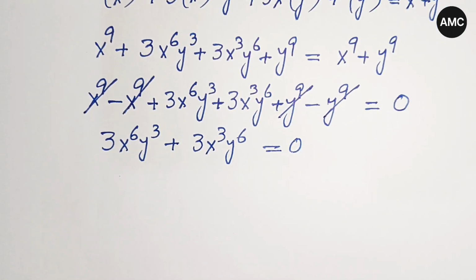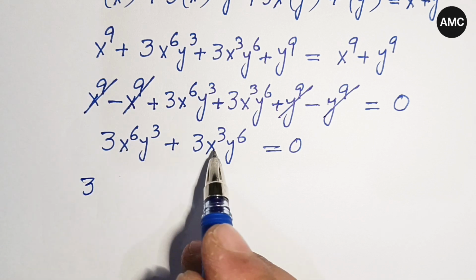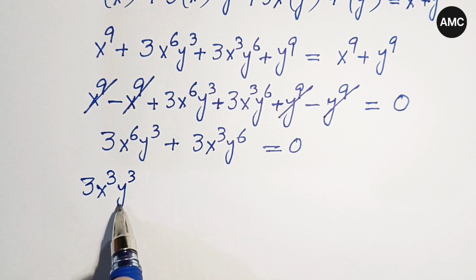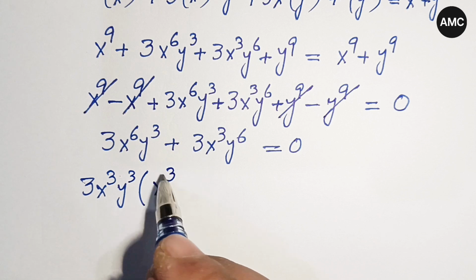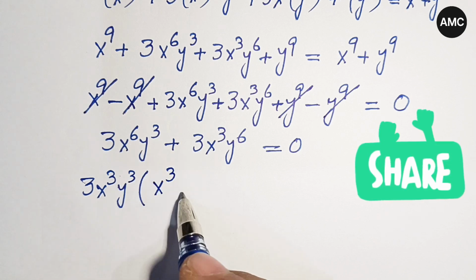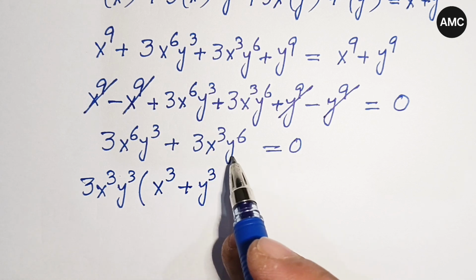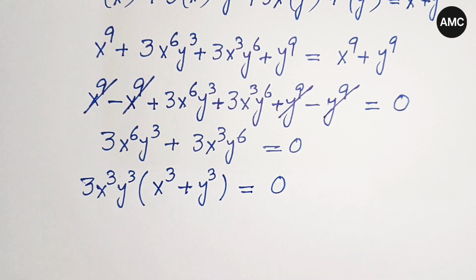Now here we have 3 common, and similarly x cubed is common and y cubed. So taking 3x cubed y cubed common, inside the bracket we get x cubed, because the power is 6, plus y cubed, because the power of y is 6. So this is equal to 0.